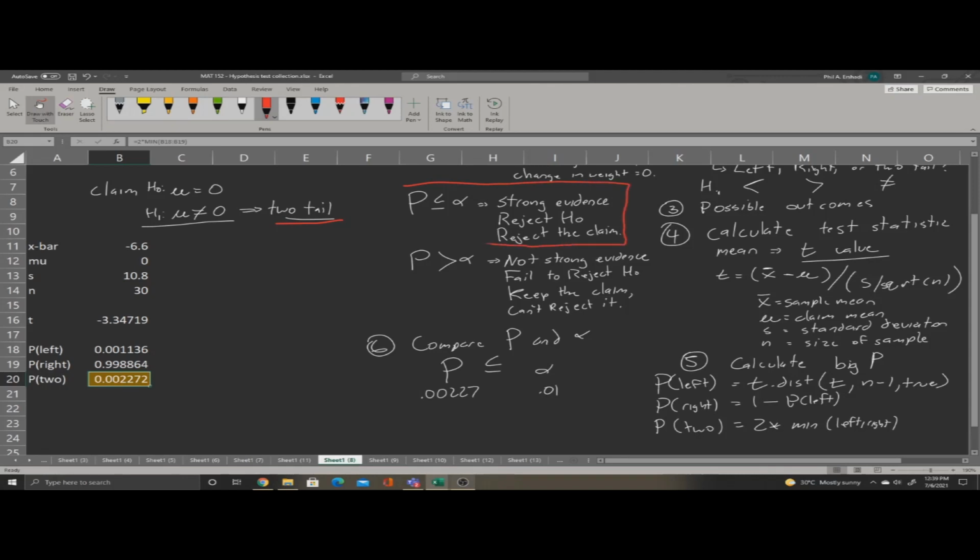Therefore, we're going to go with the first option. The evidence is strong, therefore we can reject the null hypothesis and cross it out. This also crosses out the claim, and we are accepting the alternate hypothesis. So we can say there is strong enough evidence to reject the claim.